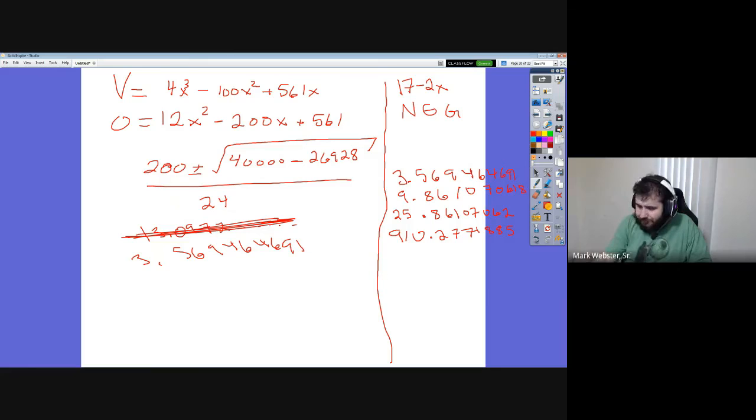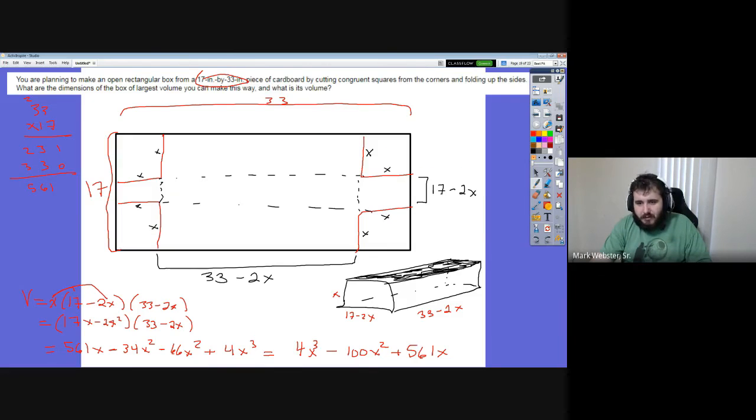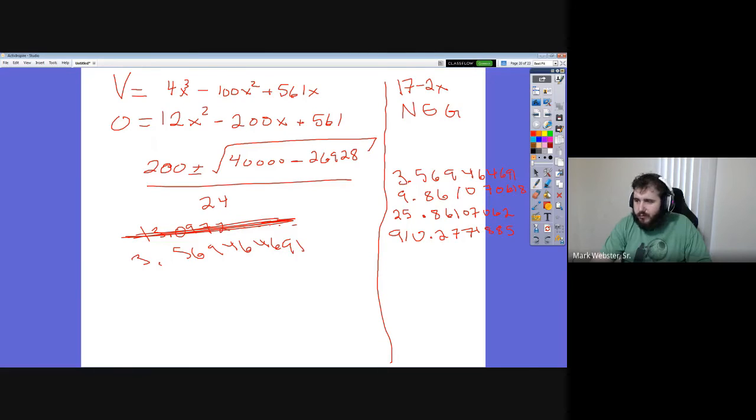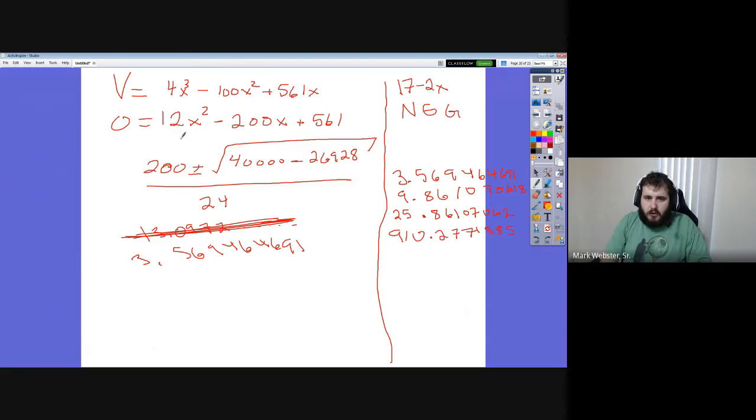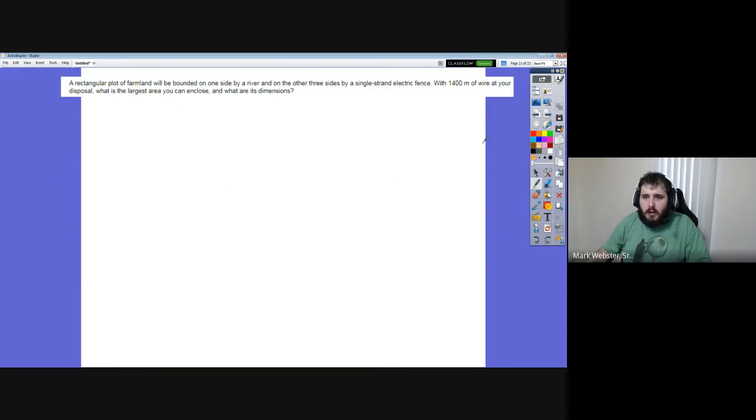All right. Okay. Sorry for making that out to be harder than it really is. Again, it's literally just take the derivative, solve for x. Only one of these x's is going to work. Plug that in for length, width, and height, and then multiply them to get your volume. Okay.